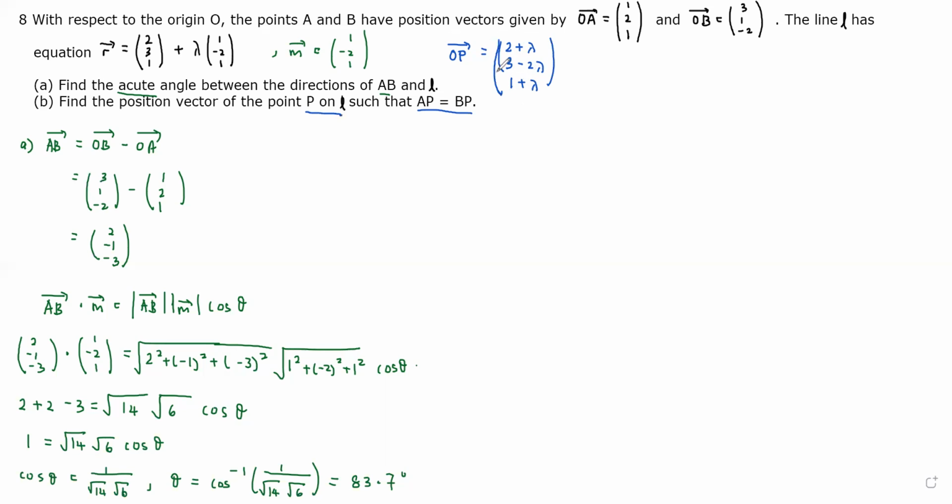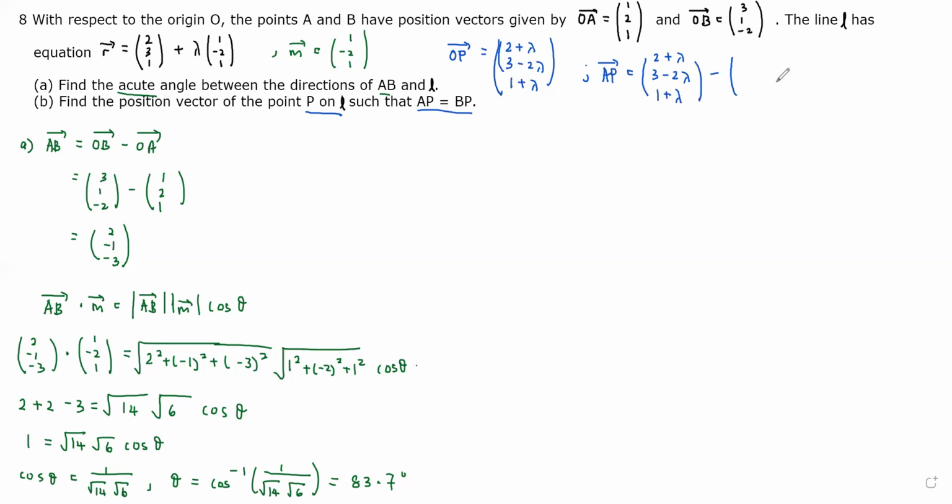So we have vector OP, and then we need to find vector AP and vector BP. So vector AP is vector OP minus vector OA. We have 2 plus lambda, 3 minus 2 lambda, and 1 plus lambda.